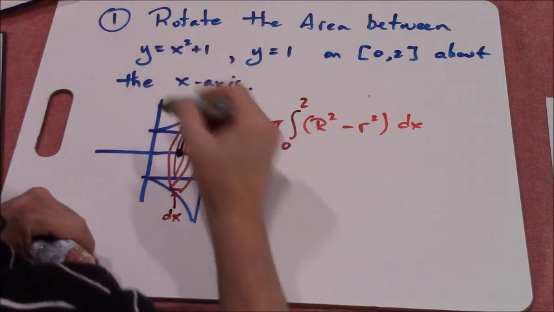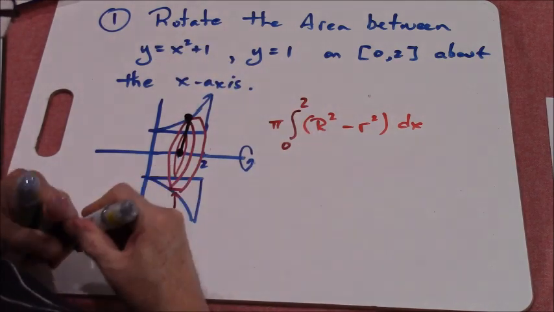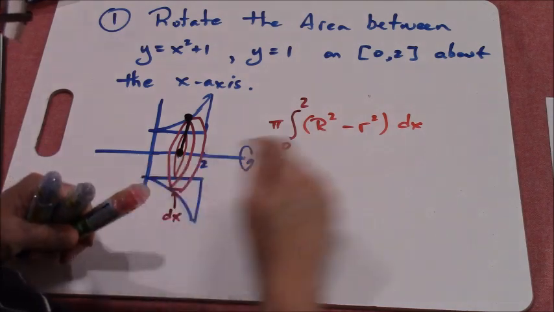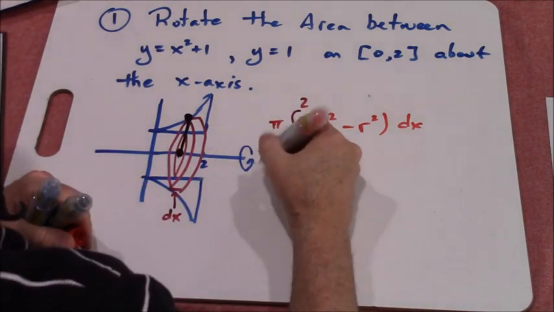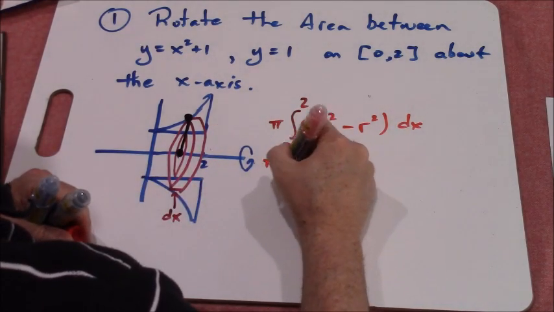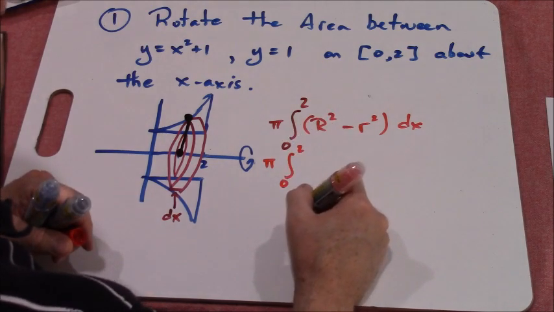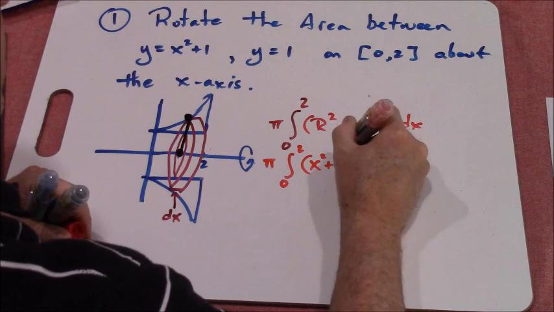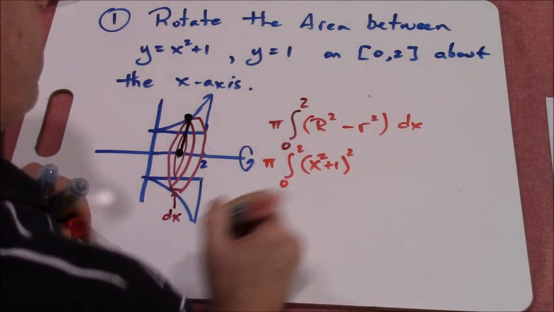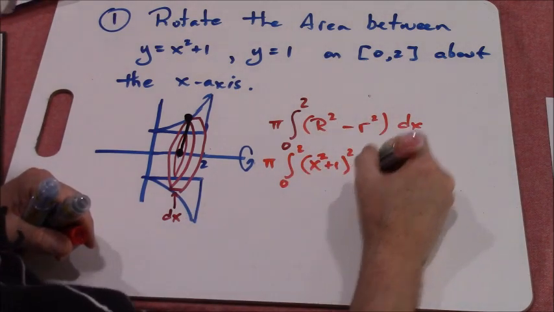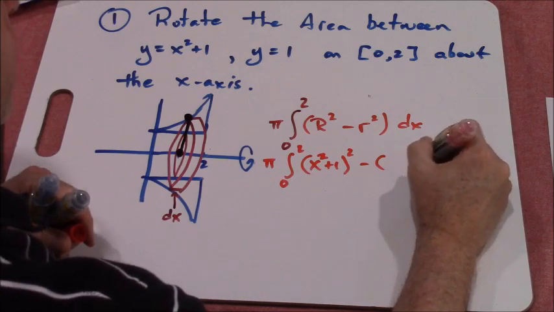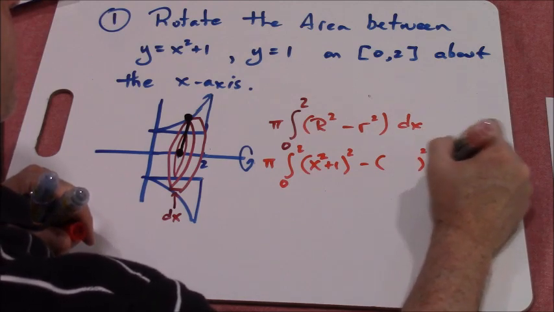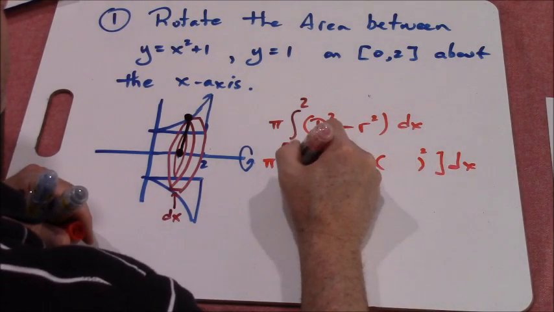And y is equal to x squared plus 1. And we want this whole thing in terms of x. So my integral now becomes pi times the integral from 0 to 2 of x squared plus 1, and I'm going to have to square that, minus little radius squared, and then dx.